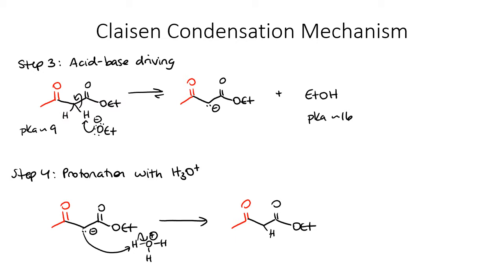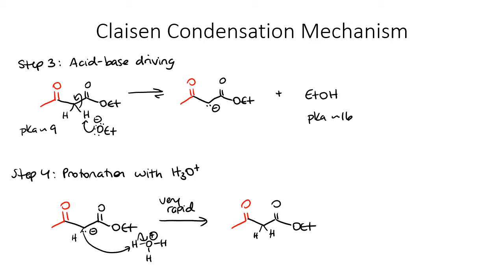Now we already had an alpha hydrogen to begin with, so now we have a total of 2. Now this step is very rapid because we are essentially neutralizing a negatively charged enolate. So steps 3 and 4 of this mechanism are vital to the reaction.